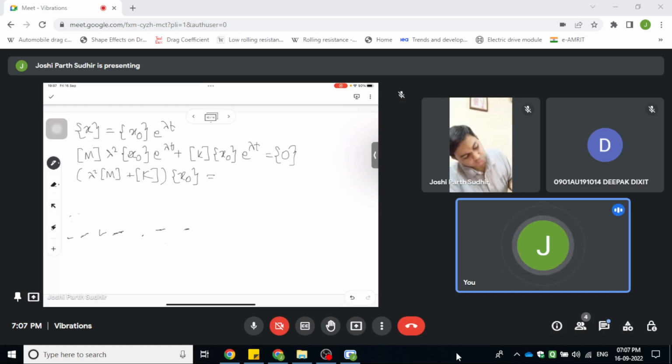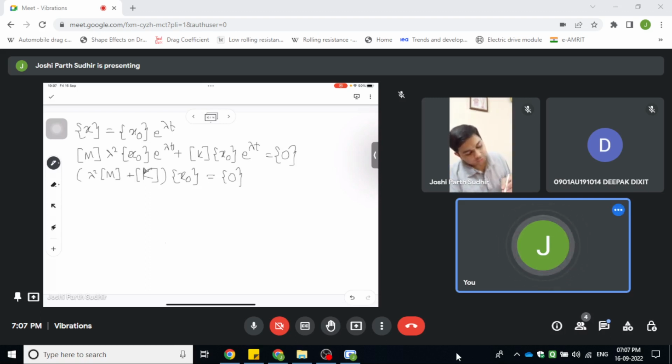So since e to the power lambda t is not 0 for any real value of time t, we have the equation in this form. Here x naught is basically the amplitude of the displacement, like the state vector.